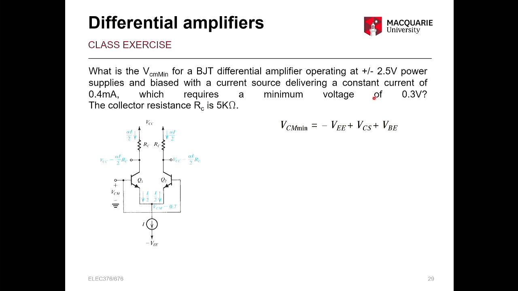Our VCM min in this case is just going to be minus 2.5 plus 0.3 plus 0.7. 0.3 is our VCS, that's the voltage our ideal source needed, or in this case not so ideal. VBE is our standard VBE for inactive mode. Should be minus 1.5.